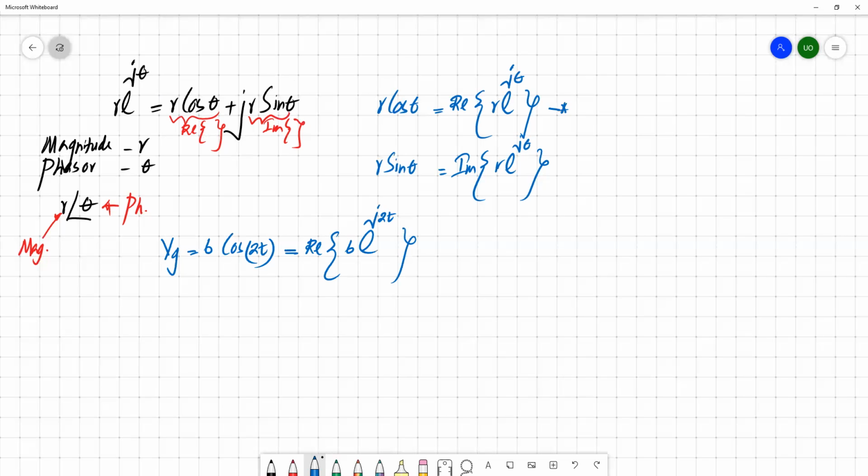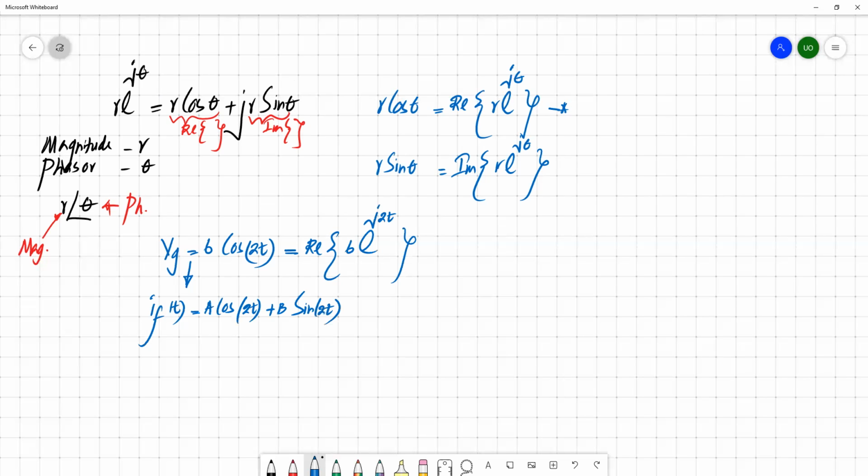Then if you want to find the forced response when we apply this source which equals 6 cos 2t, we came up with a trial solution A cos 2t plus B sin 2t.